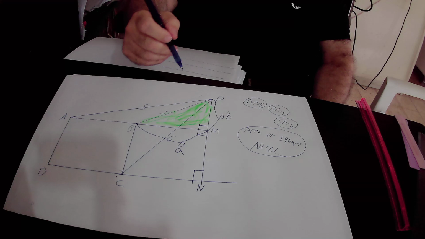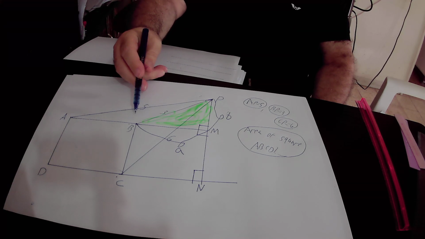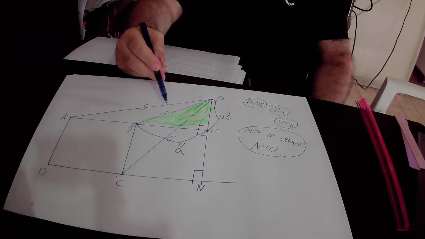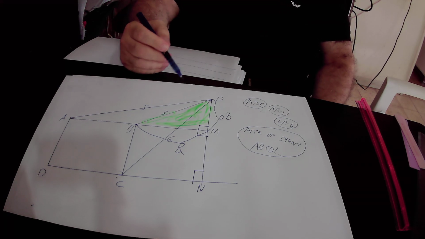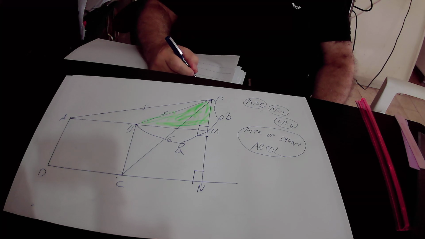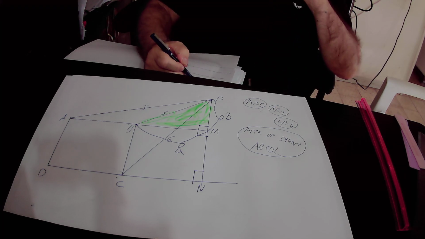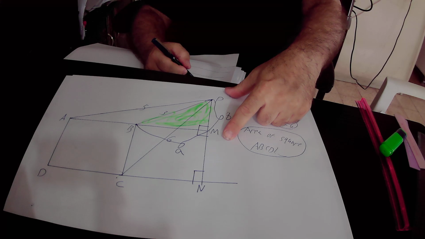According to what is given in the question, PB equals 3 units. Therefore, PB square is 3 squared, that is 9. And it is equal to PM square plus BM square.